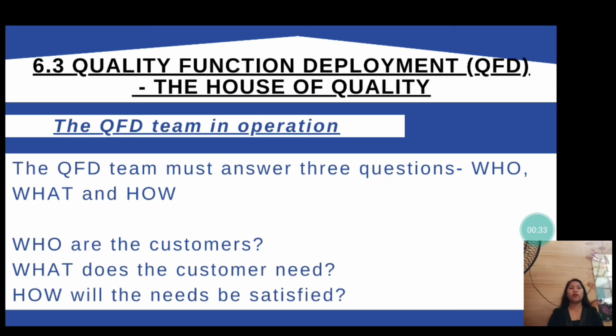So through interview, questionnaire, focus group process, or from the knowledge and judgment of the QFD team members. So third is, how will the needs be satisfied? So this third question is the most complicated and difficult to determine, as it will depend on the attributes of the product or service.